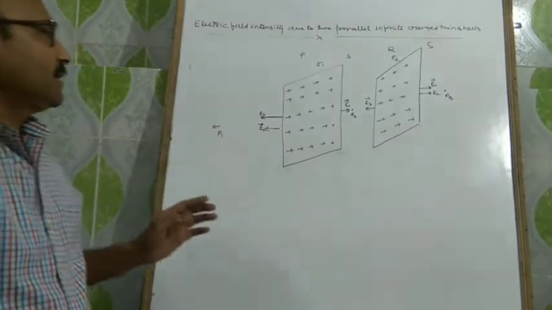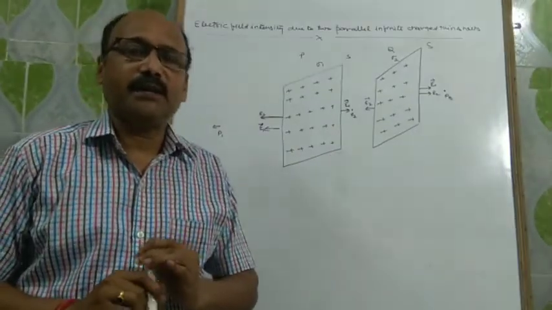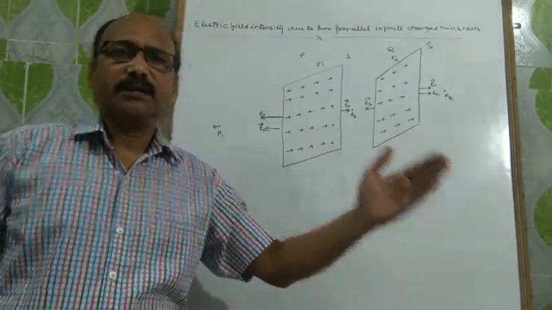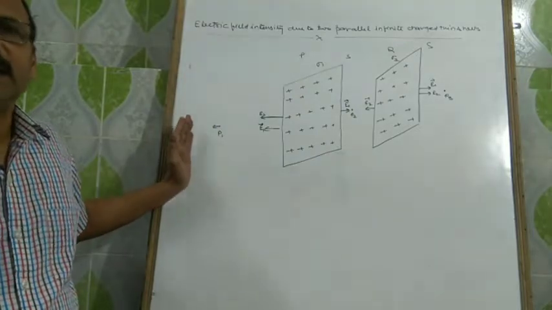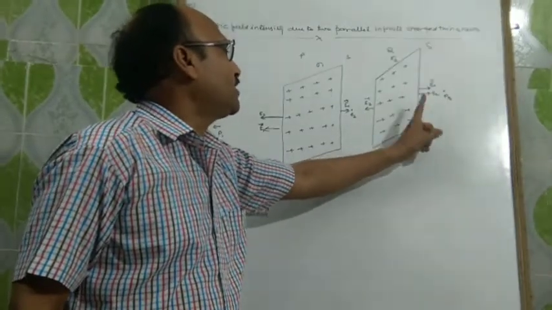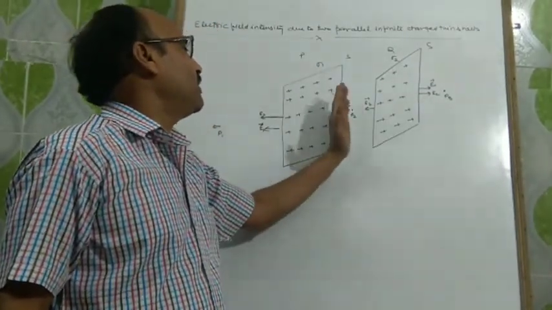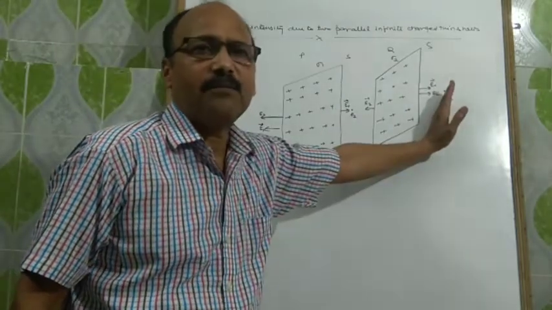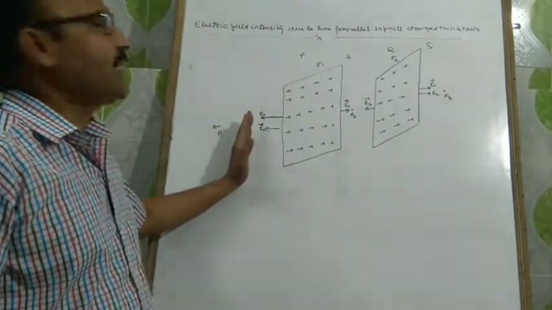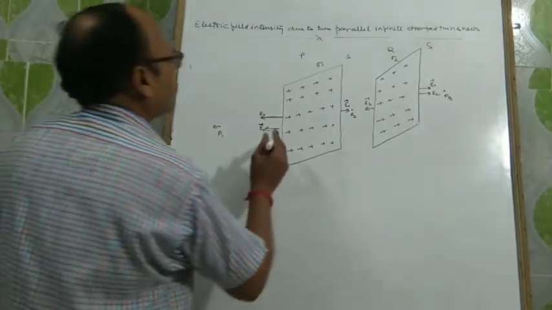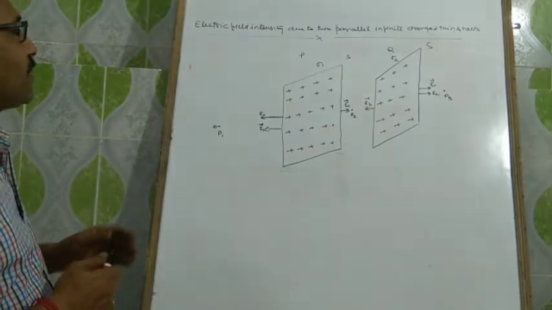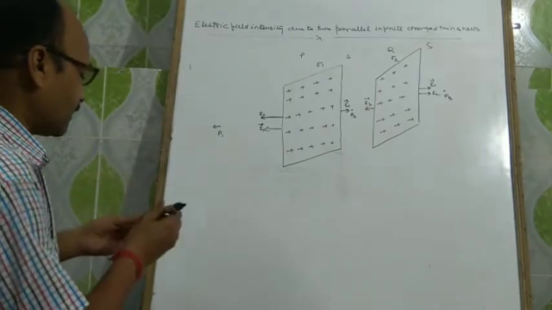But if you take the electric field on the right side as positive, then on the left side it will be negative. It means the electric field intensity due to a sheet on the left side of that sheet will be negative and on this side positive. Due to this, E1 will be positive on this side and negative on this side.